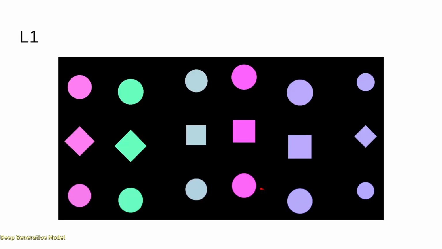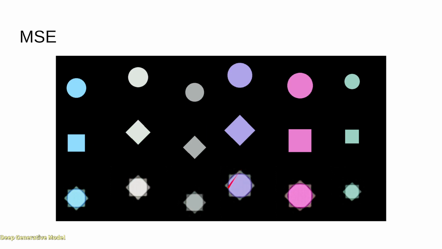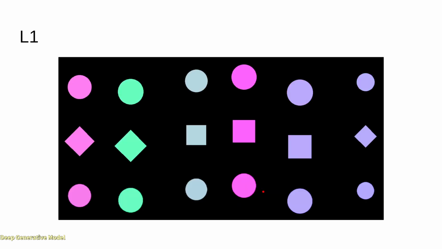Now if you are using L1 loss, you are getting a square because mean square error converges to the mean of things, calculated for each pixel. That's why we get the shadow of two squares together, because these are the average of the two possibilities. But L1 loss actually converges to the median. In our case, the range of the median is very large because it is either 0, half a chance, or 1, half a chance.